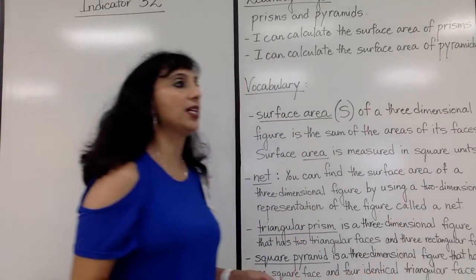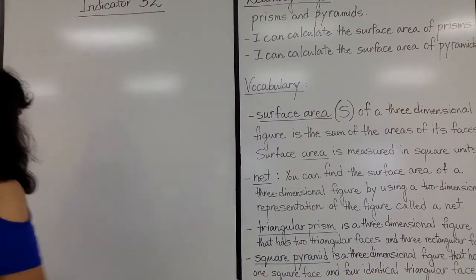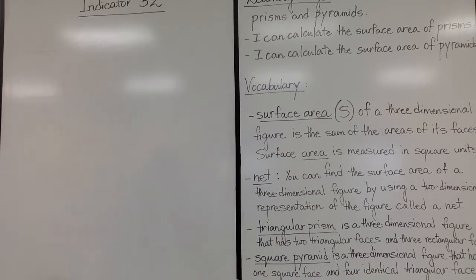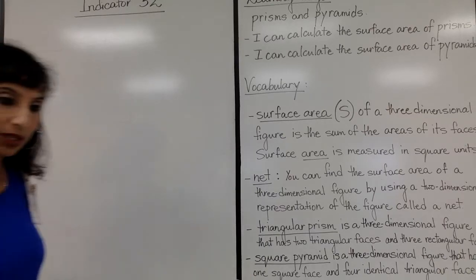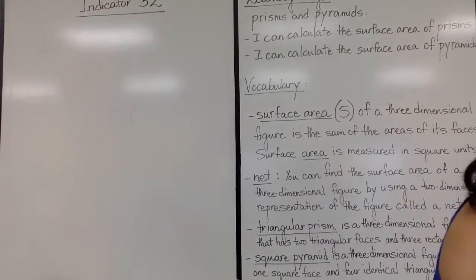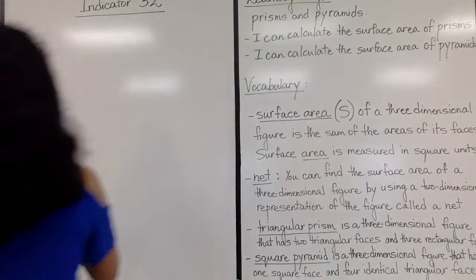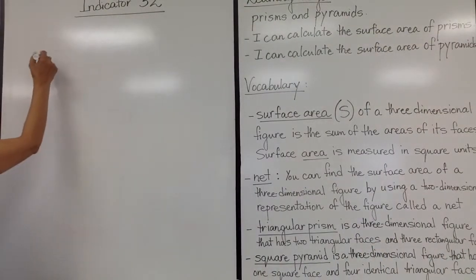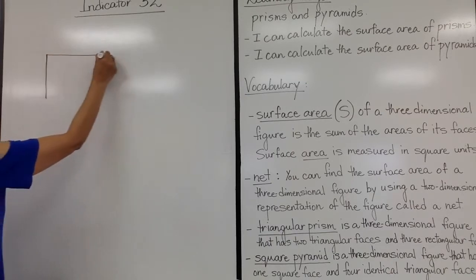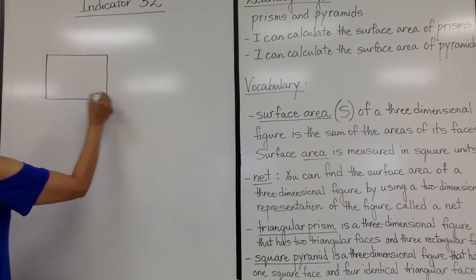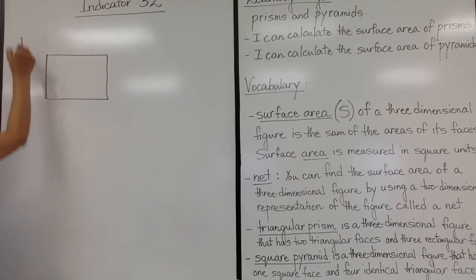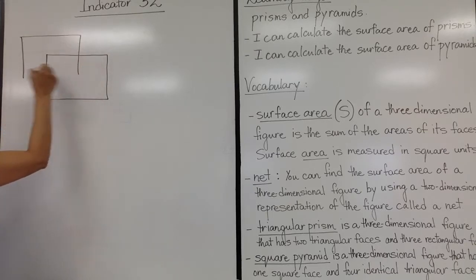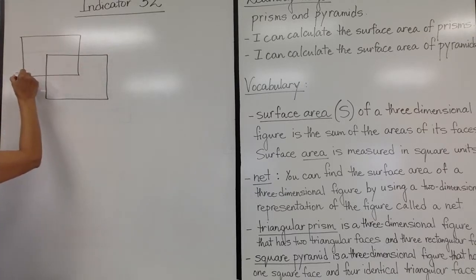Let me go ahead and draw a prism. Where did I put the marker? My goodness, here. All right, so let's say I have a prism and it is like this.